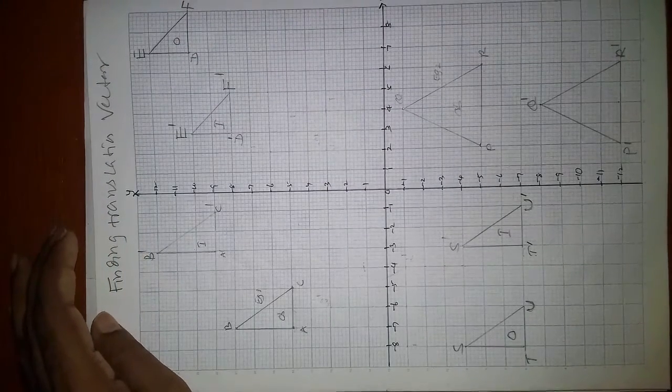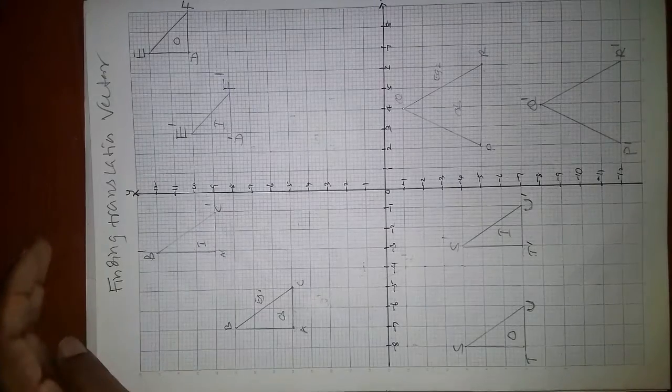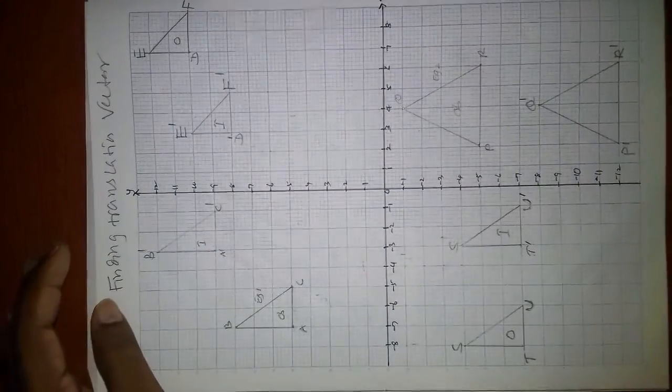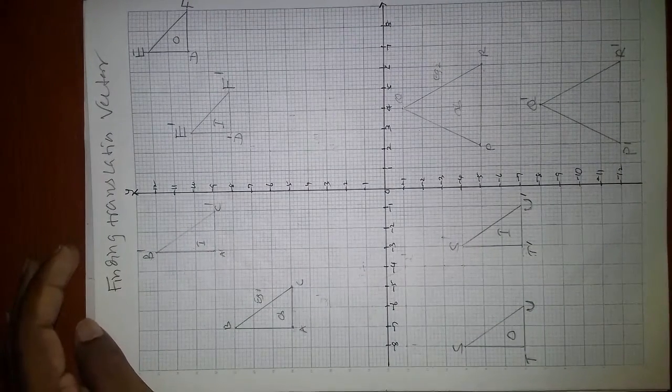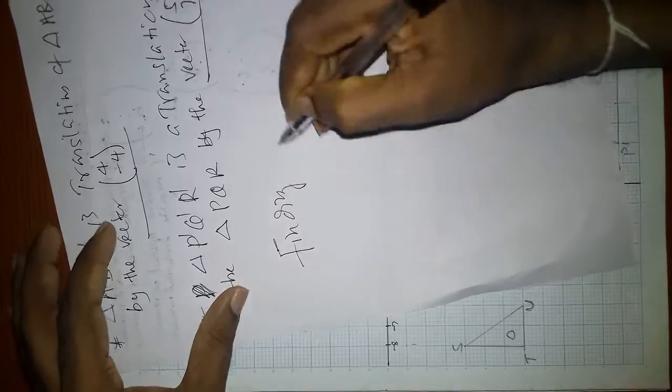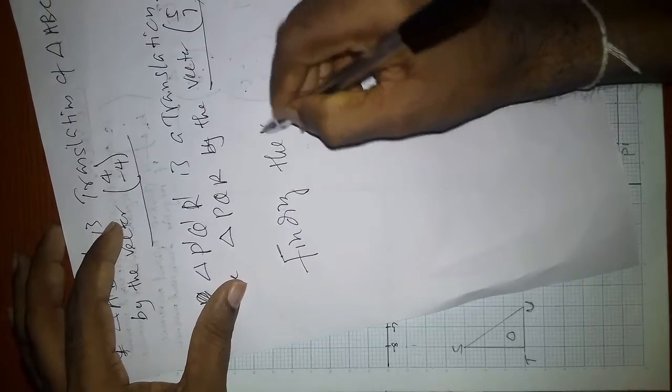Now, if you want to find the translation vector, how do you find it?